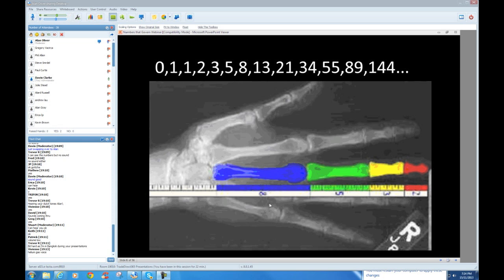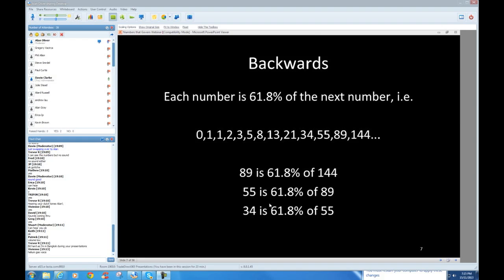Now, 2 plus 3 equals 5, which is the distance of the green bone, and 3 plus 5 equals 8, which is the distance of the blue bone. So what we've got is the bones within our hand are working perfectly to the Fibonacci series. And it's these numbers that you'll find in all sorts of places. You'll find them in trees and in pine cones and lots of different things. What we're more concerned with is the numbers themselves.